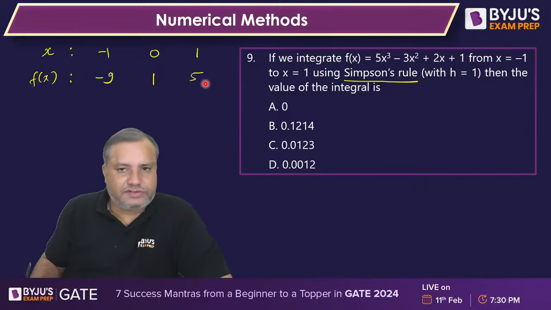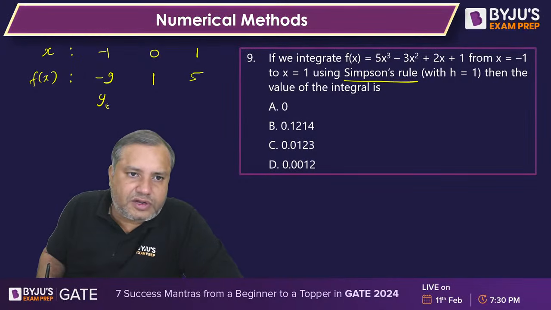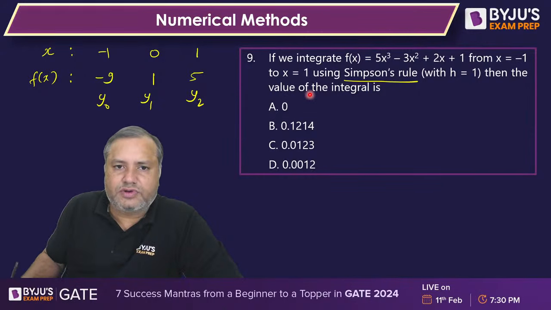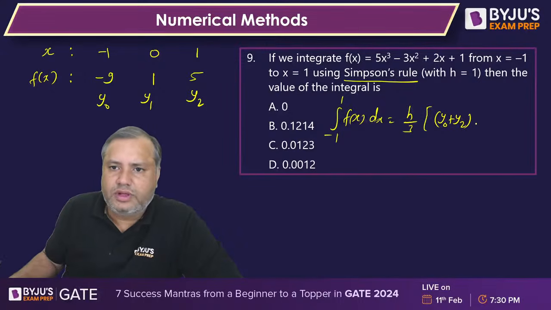Let's check this value. Let us number these values. This is y0, y1 and y2. So n is equal to 2, you can go for Simpson's 1/3 rule. By Simpson's 1/3 rule, the integration from -1 to +1 is h by 3 times first entry plus last entry, y0 plus y2, plus 4 times the remaining entries, that is only y1.